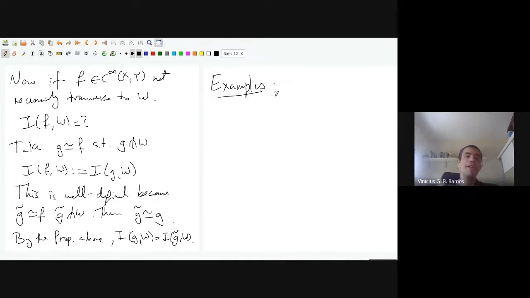But you can cook up examples that are not inclusions, that are just a little harder to describe. But let's say my X is this, and my W is this. So what is the intersection between X and W?